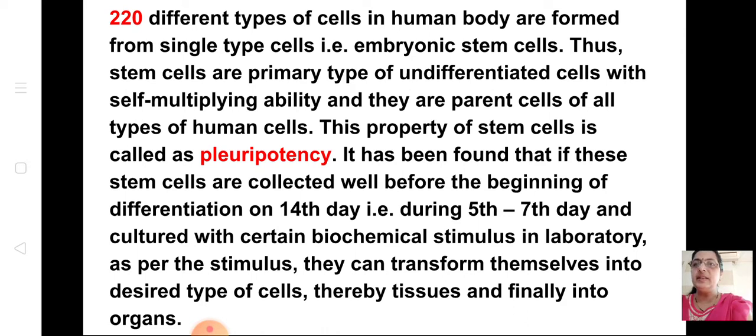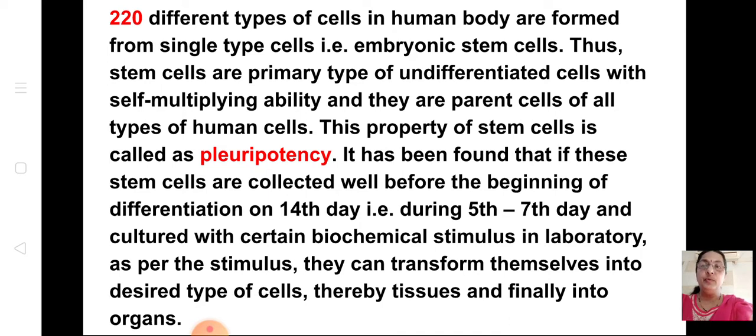It has been found that if these stem cells are collected well before the beginning of differentiation, that is, differentiation happens only after the 14th day, so before that, on the 5th to 7th day, if they are collected and cultured with different biochemical stimuli in the laboratory, then as per the stimulus we can transform them into the desired type of cells, thereby tissues, and finally into organs.